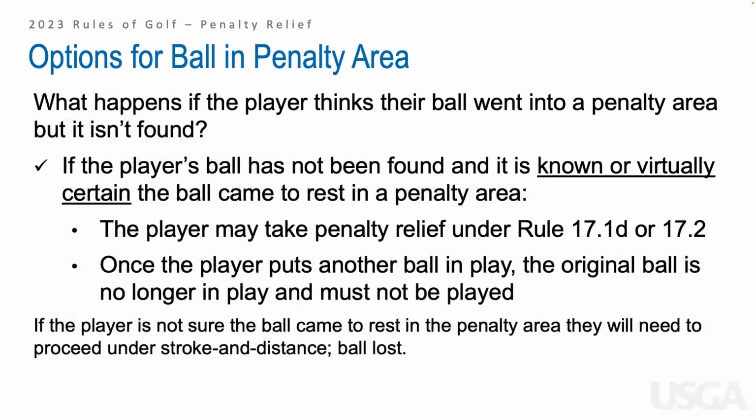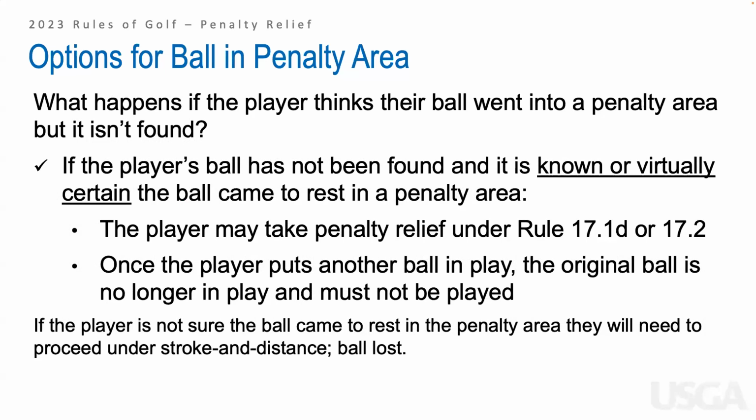What happens, and this is very common, if the player thinks their ball went into a penalty area but it isn't found? Again, there's this concept of known or virtually certain, so 95% or more sure that the ball came to rest in the penalty area. You can just take your penalty area relief. And once you've done that and put the ball into play, say the original ball is found in that penalty area, too bad.